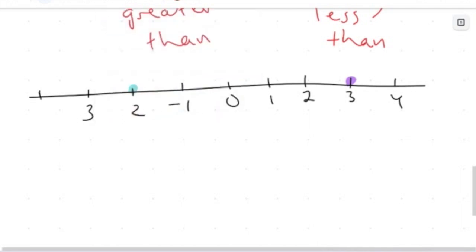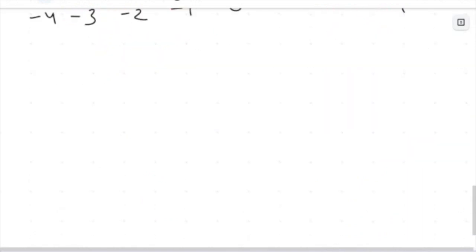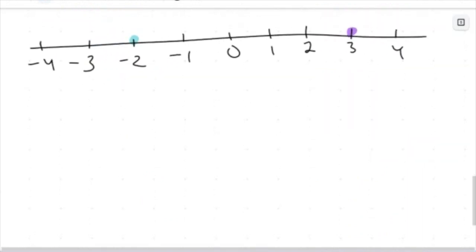So seeing where, oops, these are meant to be negatives. Did I make that mistake here? No, I didn't. Cool. We can always just redraw a number line just to double check when we're making sure we're at the right spot. We know exactly where our numbers sit on this number line.